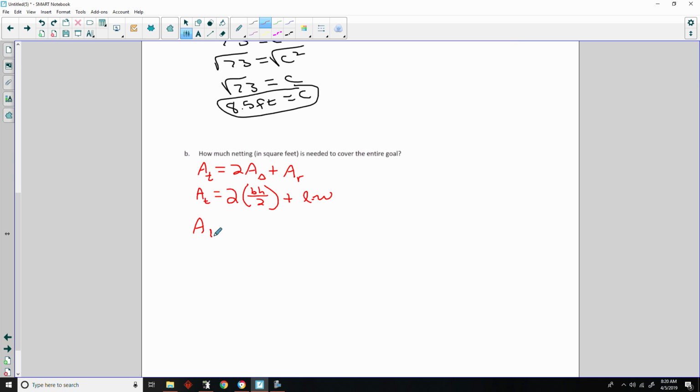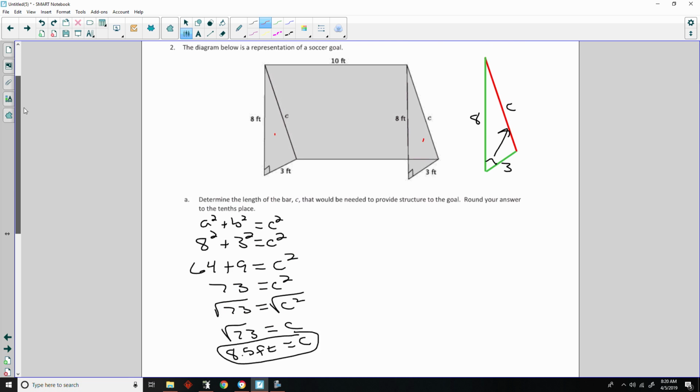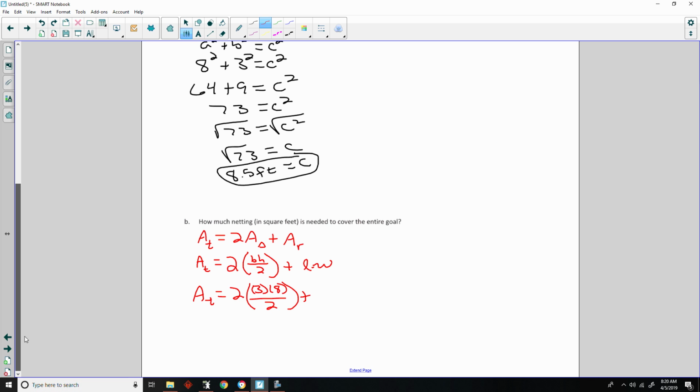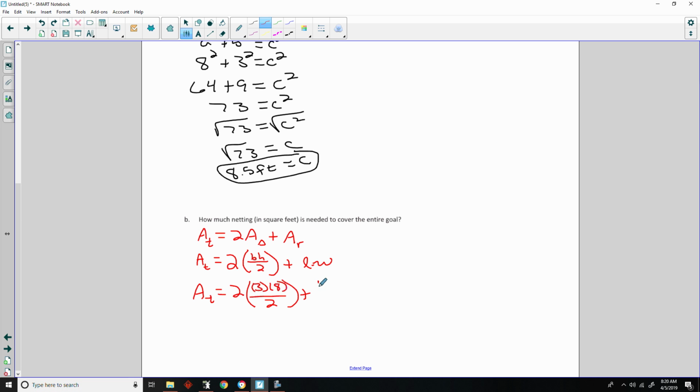So the area total is going to be 2 times a base of 3 and a height of 8 divided by 2, plus the length and width of the back, which is a rectangle. And our C is the height of the rectangle. It's tilted, so it's 8.5 by 10. So the length is 10 times 8.5. Let me use a parentheses there. So there's my formula.